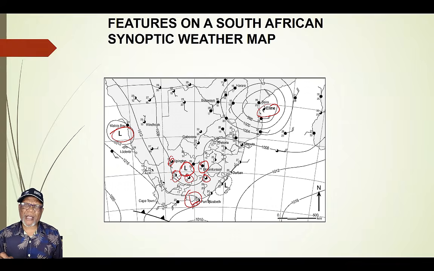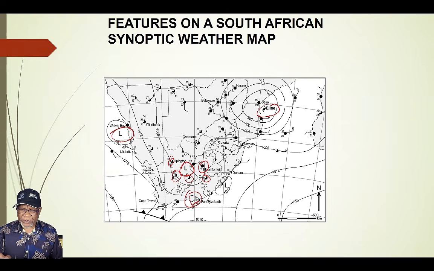What do we mean by unstable condition? It means the air is rising, and rising air will cool, and then cooling will be followed by condensation, and condensation by precipitation. And during which season do we have most of our precipitation in the interior? We have our precipitation in the interior during summer.